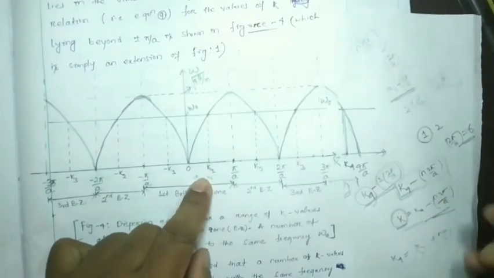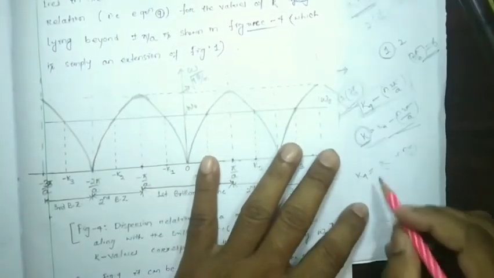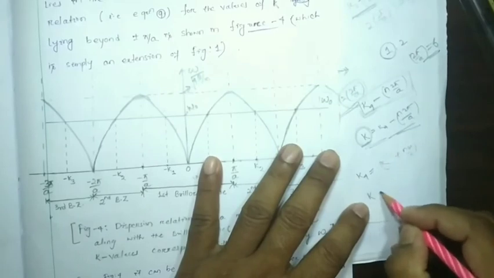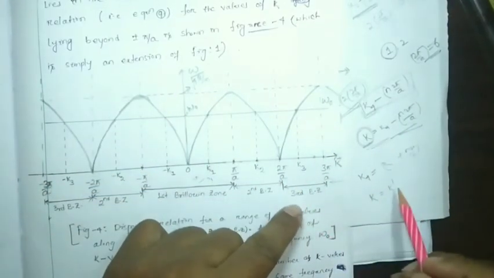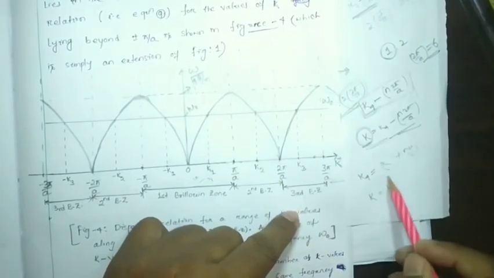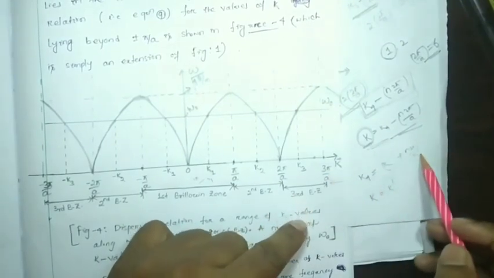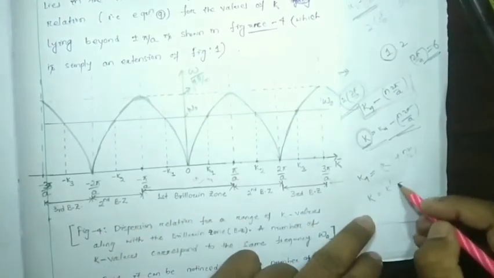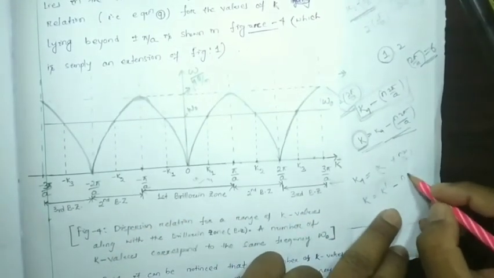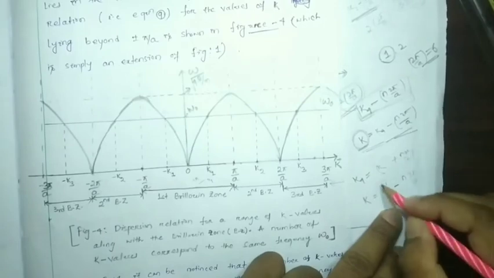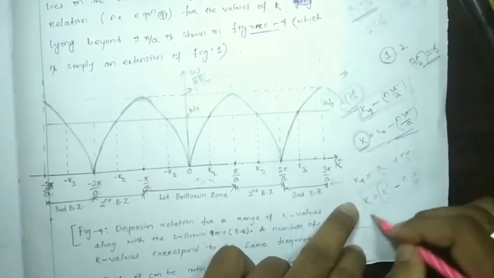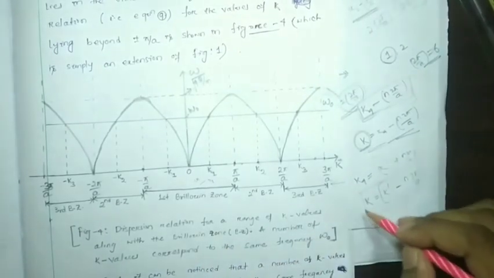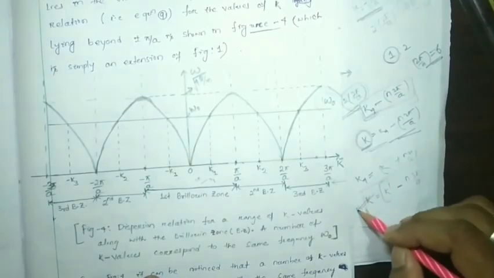Or in general I can write K dash, which belongs to any Brillouin zone, is transformed to the first Brillouin zone by subtracting n into 2 pi by a. So in general I can write this one. Okay. So is it so? Is it correct or not?